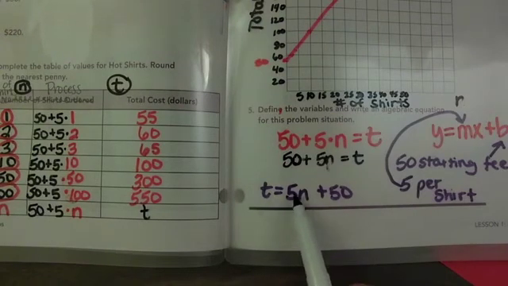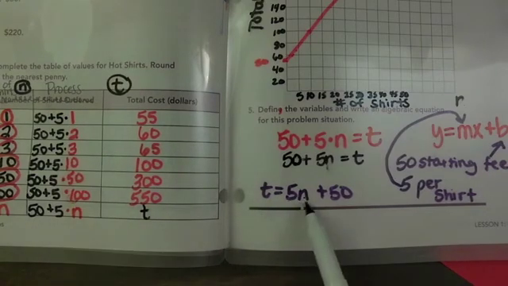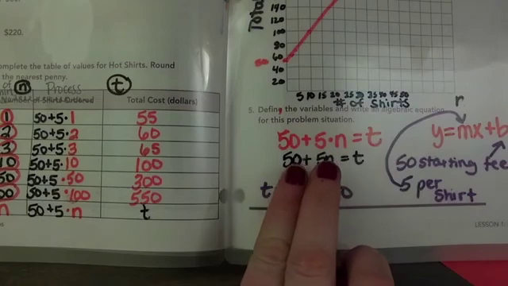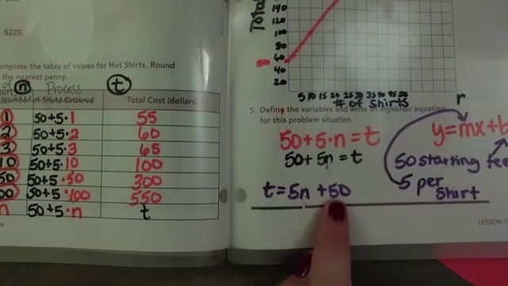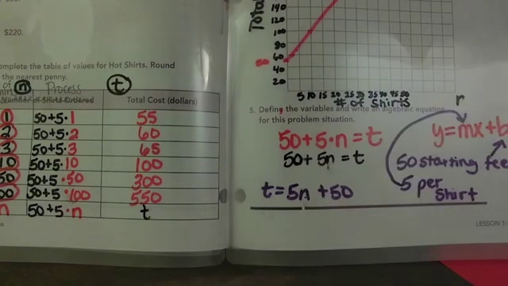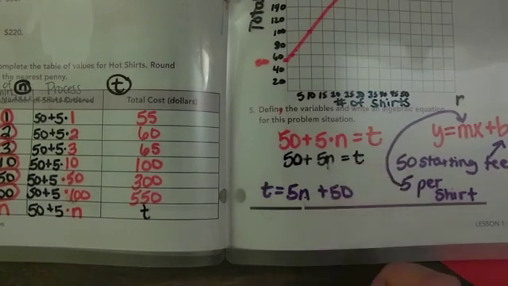Remember, the number with the variable is the rate, because it was $5 per shirt, plus 50. So really, it's the same work. It's just they wrote the 5 in first and then added the fee after. So don't let that confuse you, but that is how you need to be able to recognize the equation written either way.